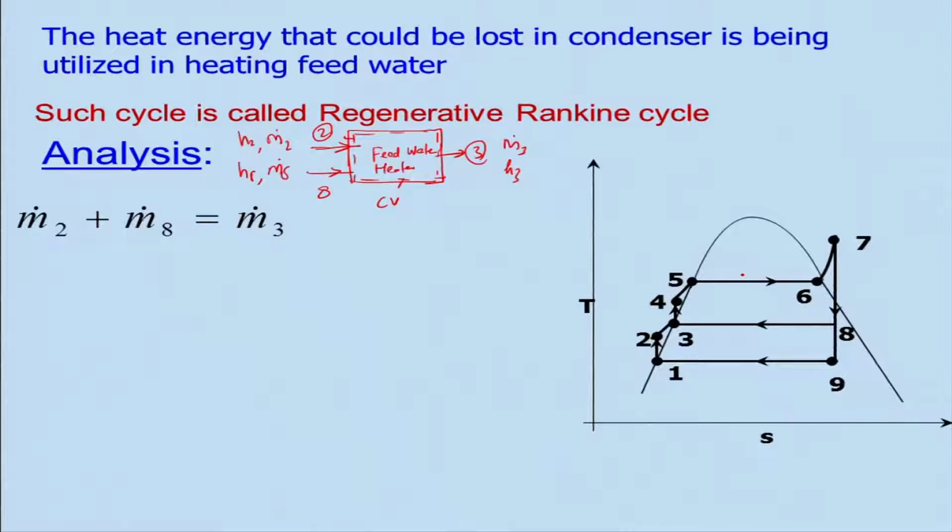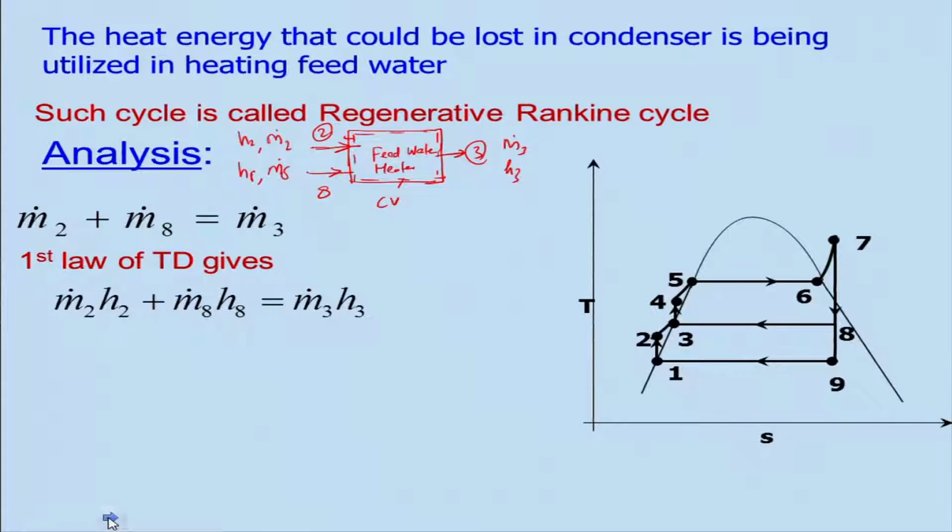That makes sense. Similarly, we can apply the first law of thermodynamics for the energy balance of the feed water heater: m dot 2 h 2 plus m dot 8 h 8 is equal to m dot 3 h 3. This is a simple energy balance.